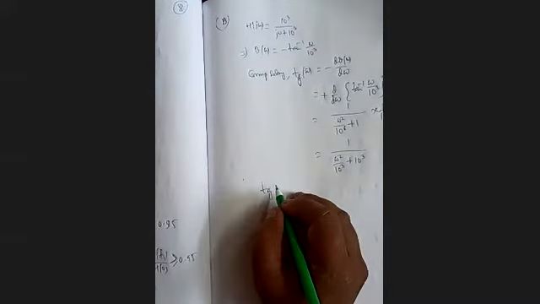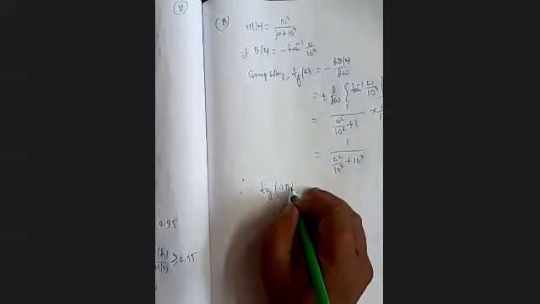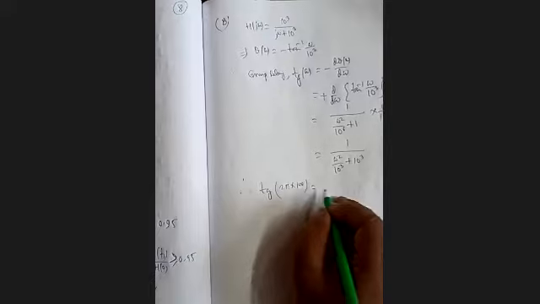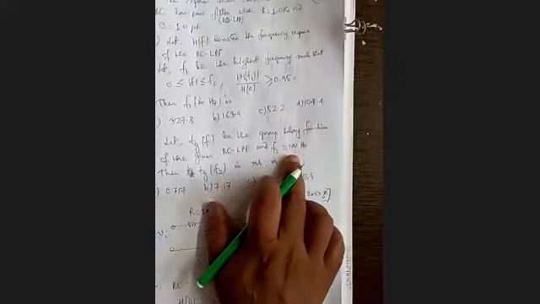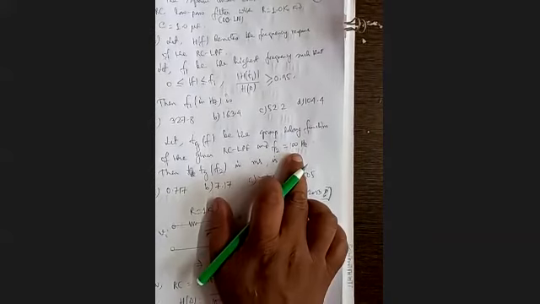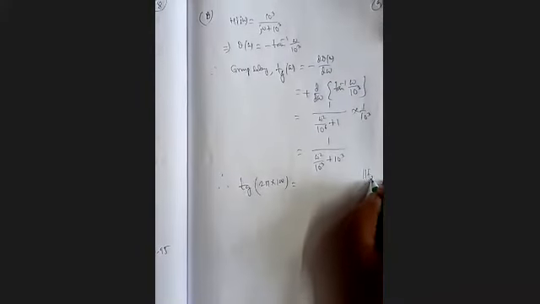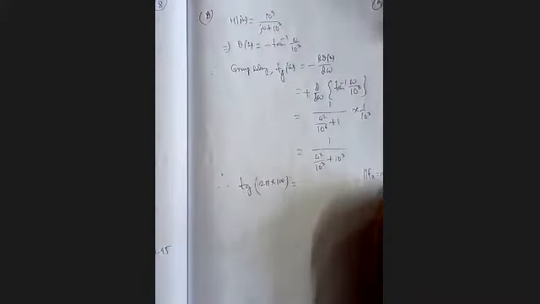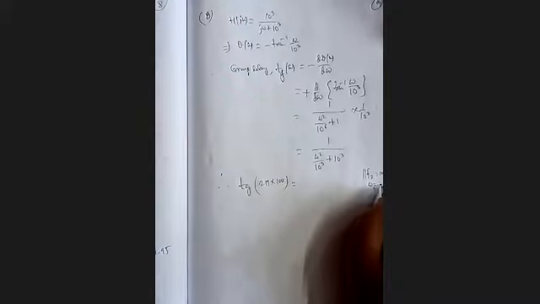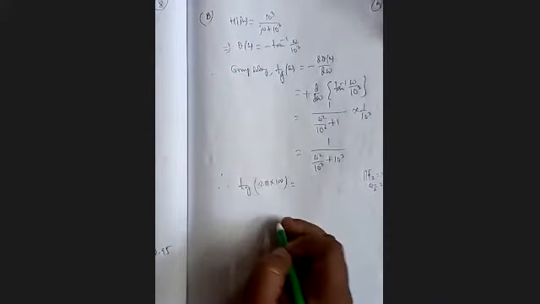Now ω means it is 2π into 100. Why? Because as per our problem, f2 equal to 100 hertz. So 2π into 100 is the frequency. So ω2 equal to 2π f2.